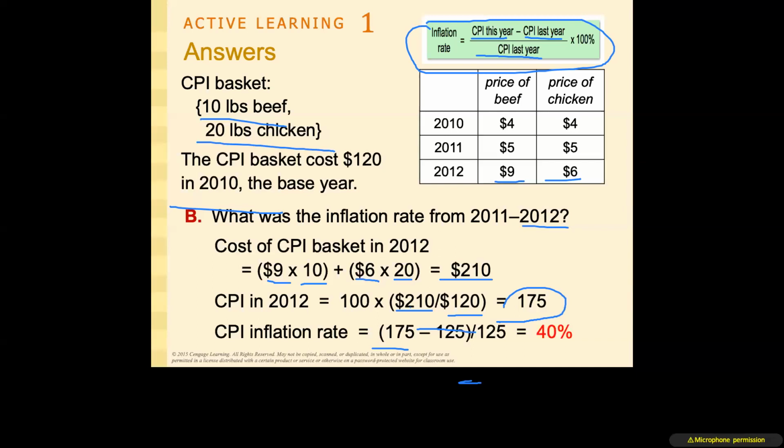Which was 2011, which is 125. And I divide it by 125. So I get 40. So my inflation rate from 2011 to 2012 is 40%. It's a lot of inflation.